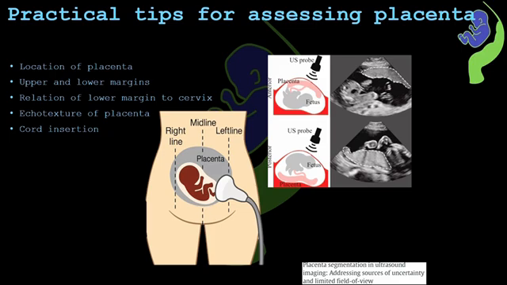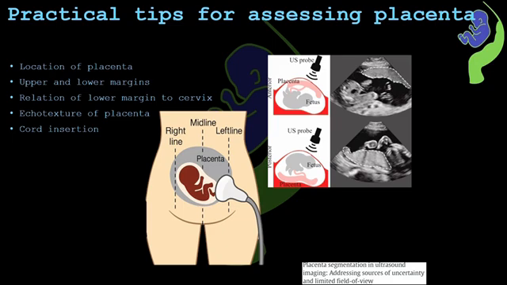So in such cases, rotate the probe into a transverse orientation, which allows you to determine whether the placenta is in the right or left lateral wall, and you can visualize the entire placenta for its full assessment. On imaging, you may then observe that the placental tissue extends from the anterior to posterior across the lateral uterine wall. This is nothing but the lateral placental implantation. But it is important that we diagnose this correctly.